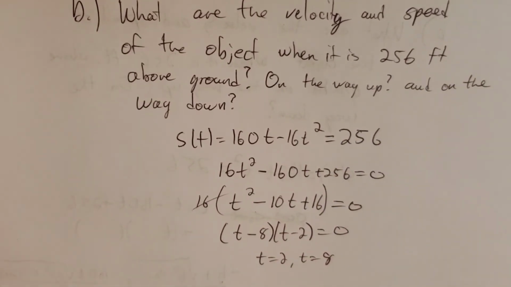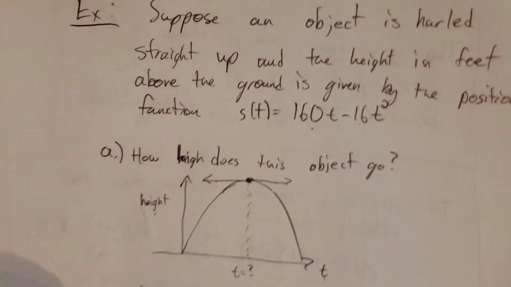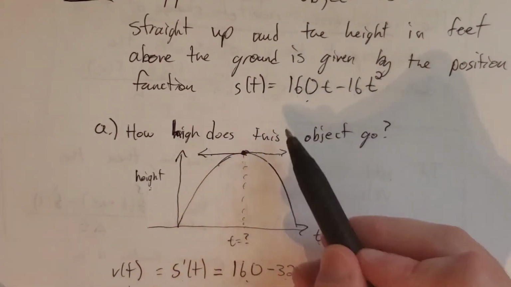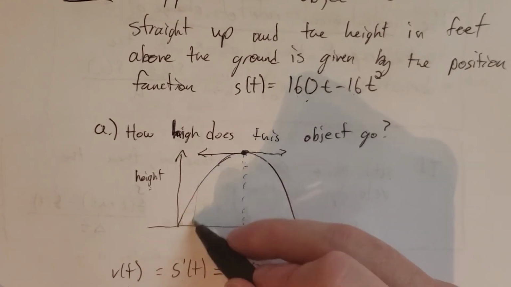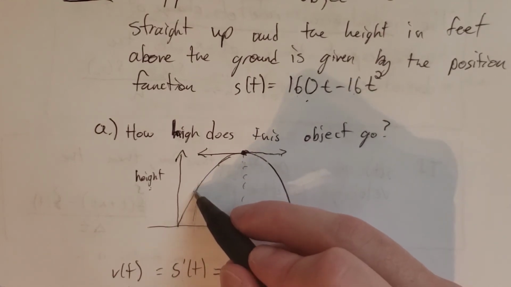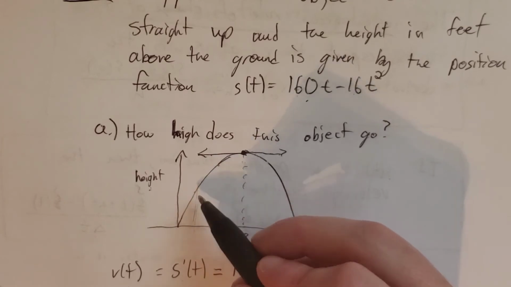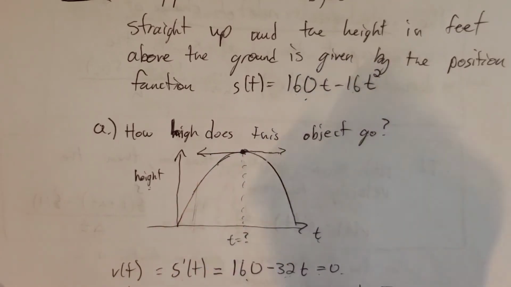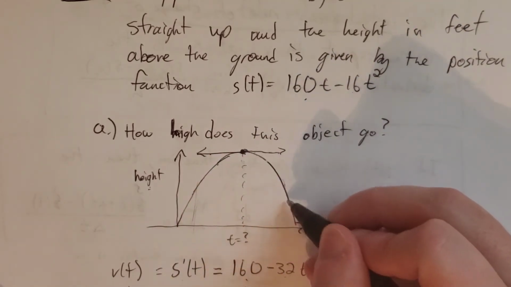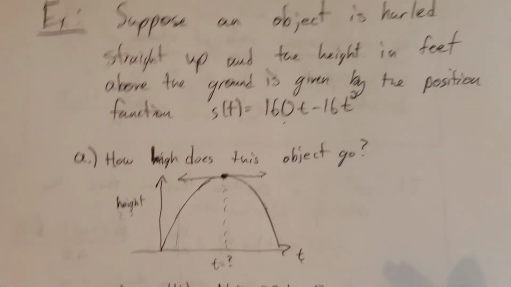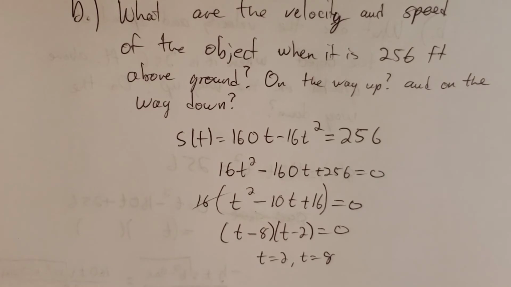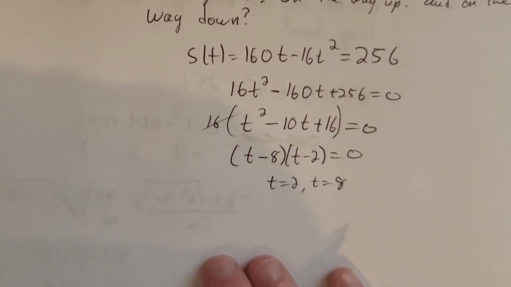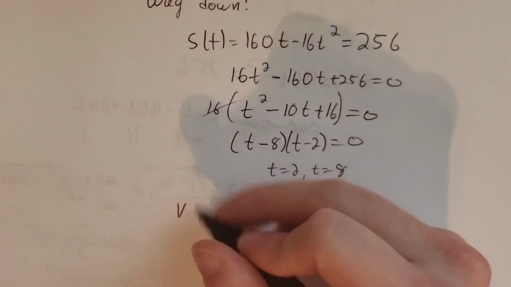So, if we look back at our quick sketch of the graph here, at t equals 2, we get somewhere around here, so the object is on the way up, and at t equals 8, the object is on the way down. So we want to find the velocity and the speed of the object at that time. Well, again, what was the velocity?